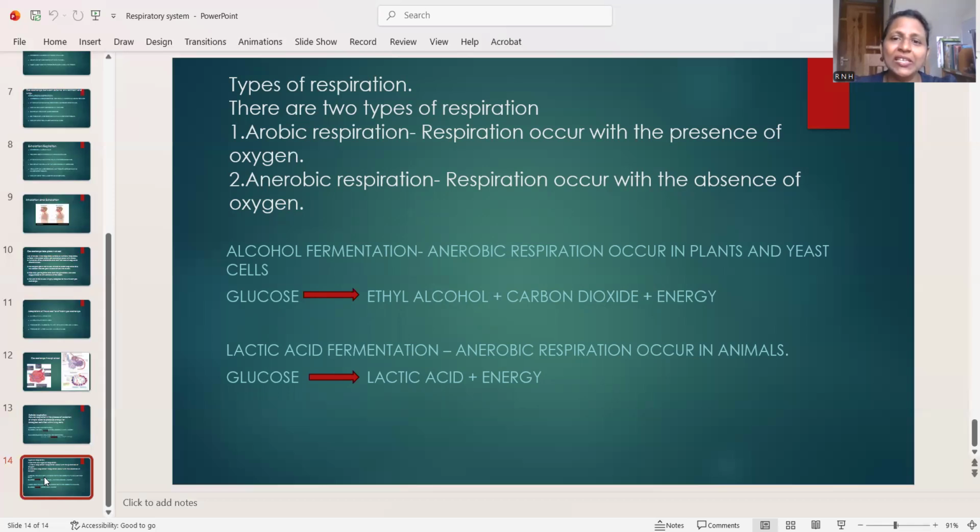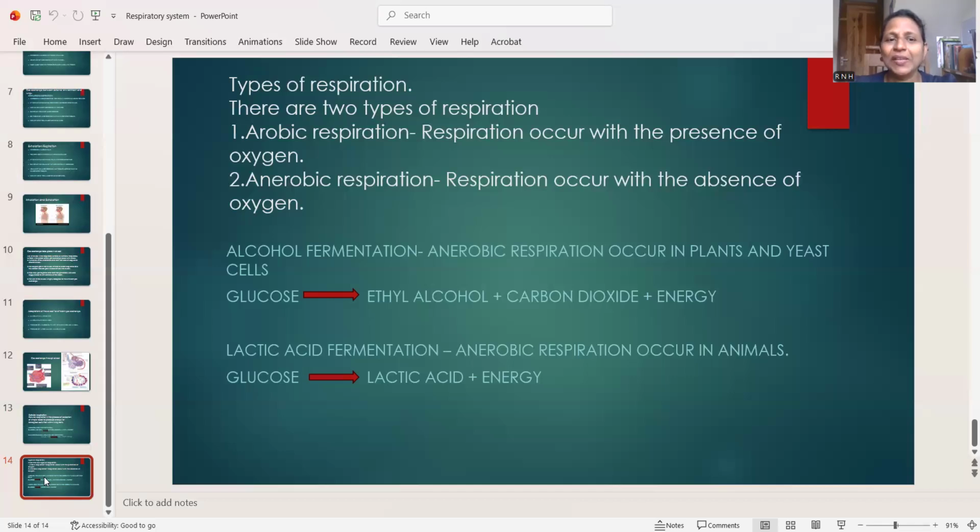Aerobic respiration occurs in the presence of oxygen, which we discussed earlier. Anaerobic respiration occurs in the absence of oxygen. These two types of respiration occur in plants and animals also.